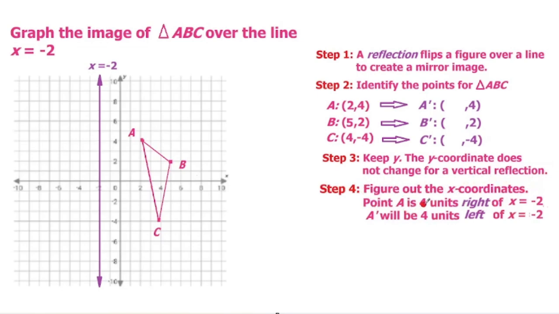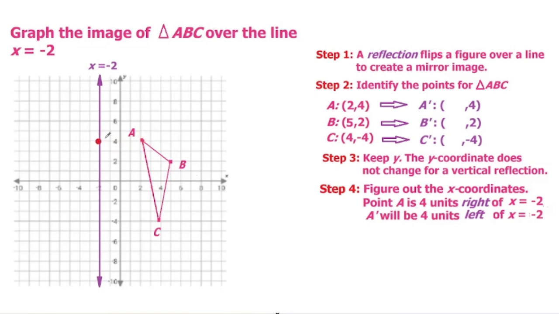Point A is 4 units right of x equals -2. So A will also be 4 units left of x equals -2. See how A is 1, 2, 3, 4 units to the right of x equals -2.